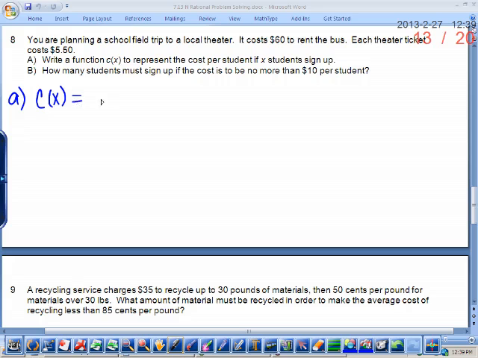So what do you think? 60 plus 5.5x. That's the total cost. What do you have to do to the total cost to find the cost per student? Divide it by x.